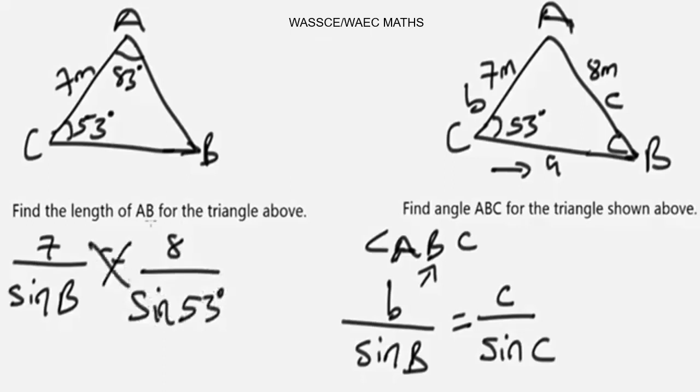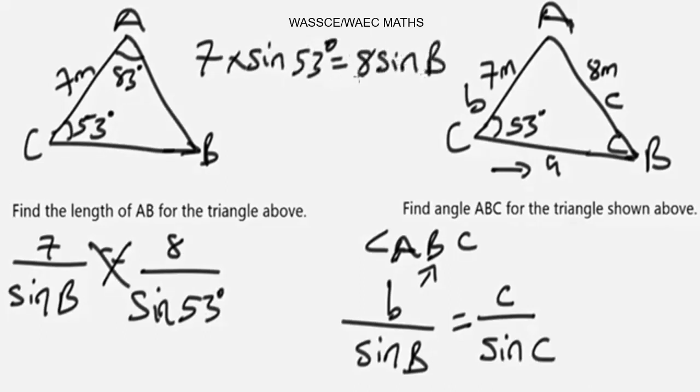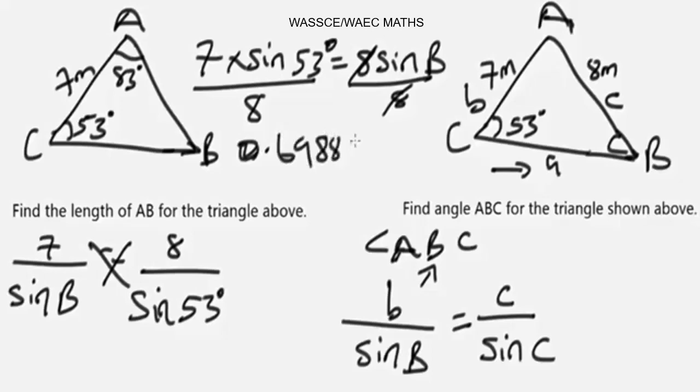When you cross multiply, you have 7 times sine 53 degrees equals 8 sine B. Now you divide both sides by 8, which cancels the 8. When we punch 7 times sine 53 degrees over 8 on the calculator, we get 0.6988. It keeps having a recurring decimal, but let's stop at this point.